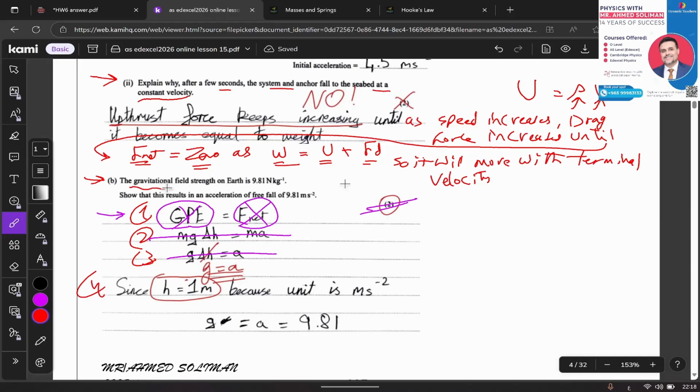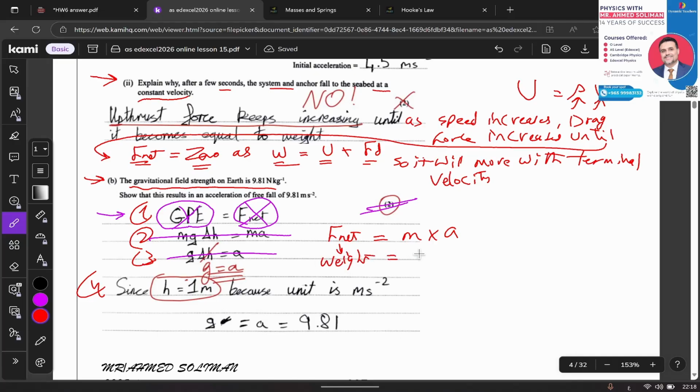He said the gravitational field strength of Earth shows that this results in an acceleration of free fall. So now, what is the force exerted on the object while falling? It's going to be F net equals m a, so we can write F net equals mass multiplied by acceleration. What is the weight force downward? It will be mg. Weight, right?